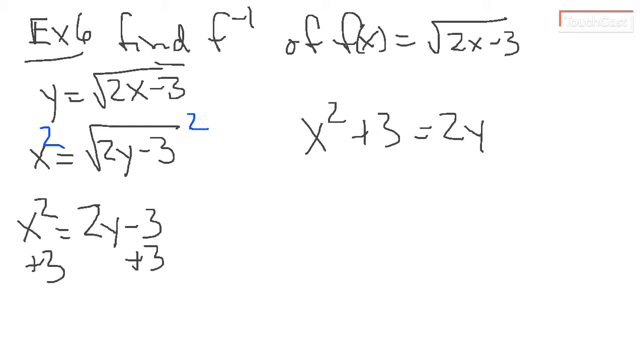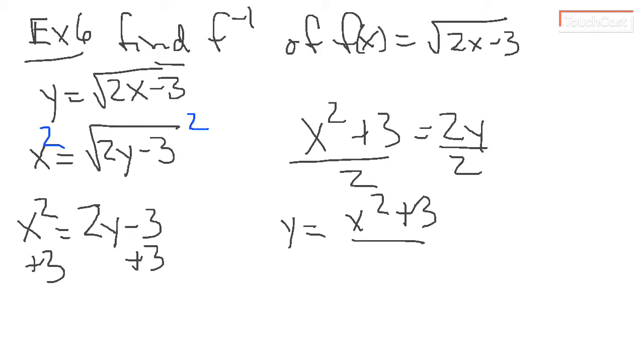And I see one last step. To get y by itself, we're going to divide both sides by 2. So we find y = (x squared + 3)/2. And our last step, we're going to replace y with f inverse of x.